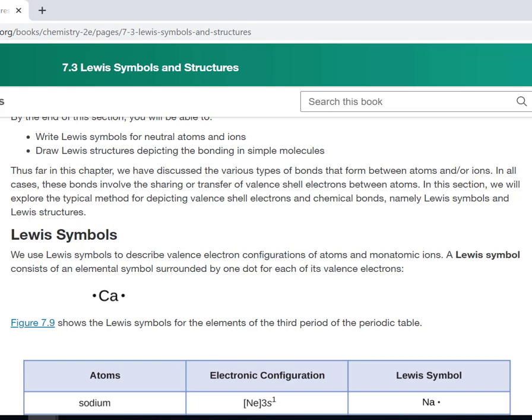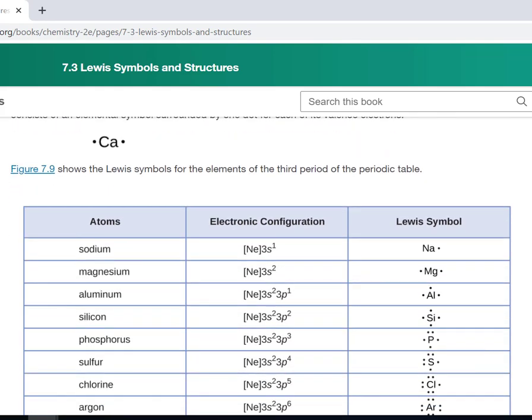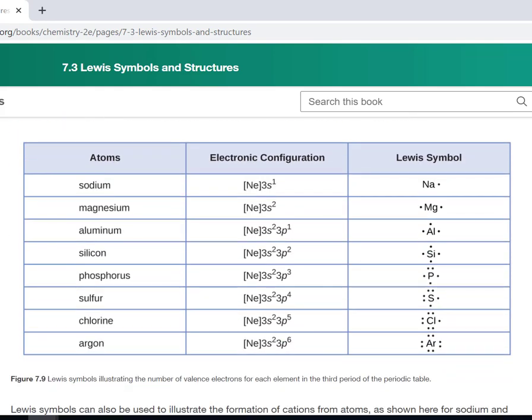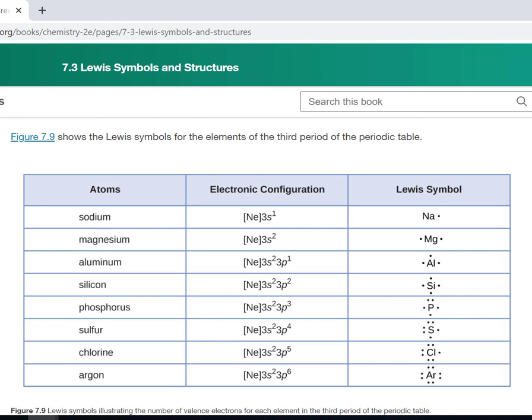So here we're showing an example for calcium. What we write is the symbol of the element, and then we write a single dot to represent each of the valence electrons in that element. Here we're showing the period 3 elements and their Lewis symbols.